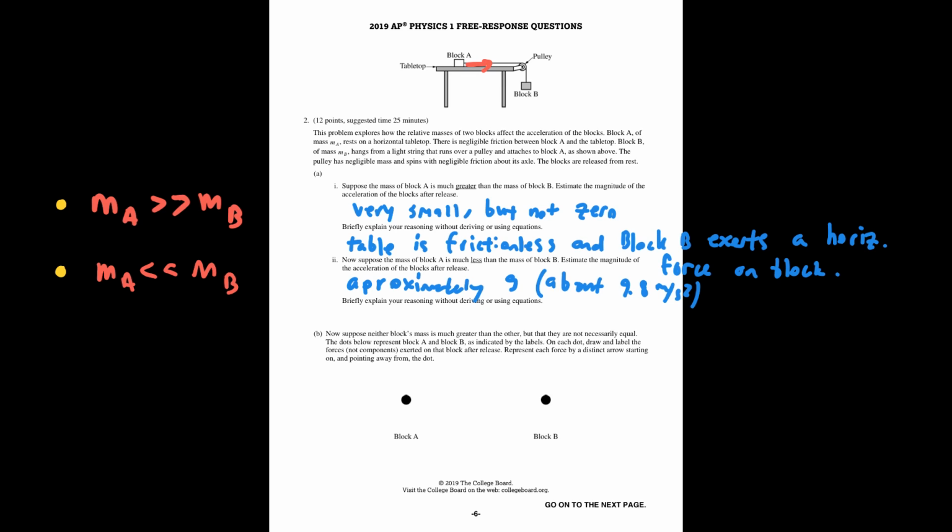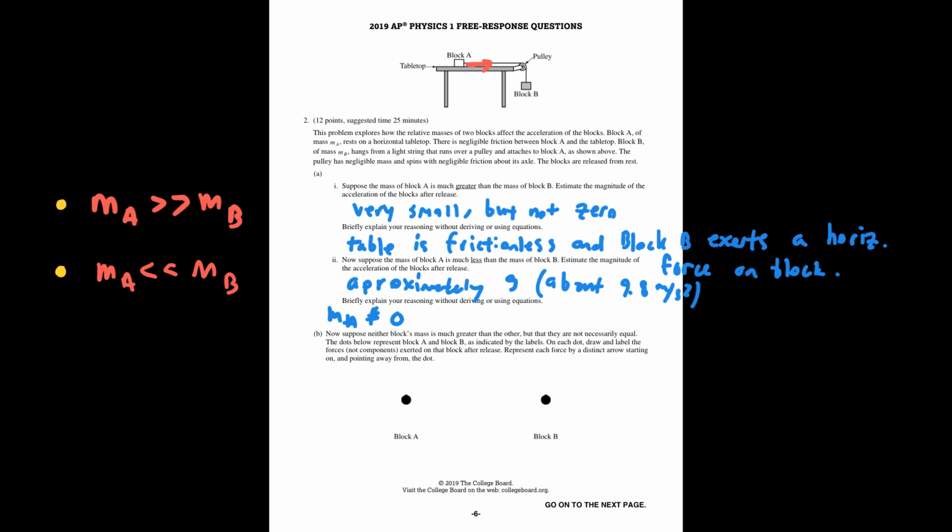And briefly explain why: the mass of block A is not equal to 0. I'd probably write this a little more professionally, but the mass of block A is not equal to 0. Therefore, block B can't be in free fall. But since the mass of block A is much less than block B, it's going to be pretty close to free fall.